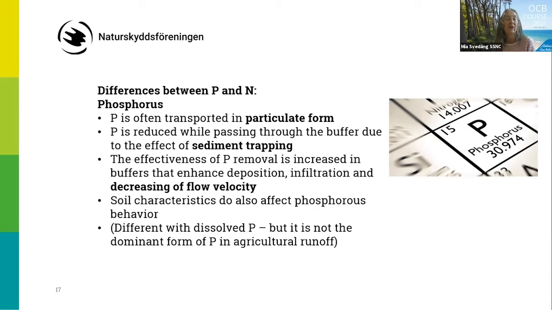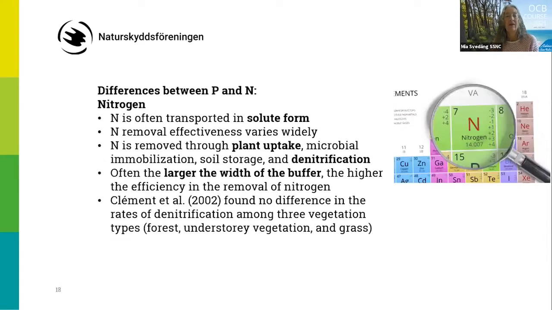If you look at dissolved phosphorus, it's quite different, but this is not the dominant form of phosphorus in agriculture runoff. Nitrogen, on the other hand, is often transported in solute form.